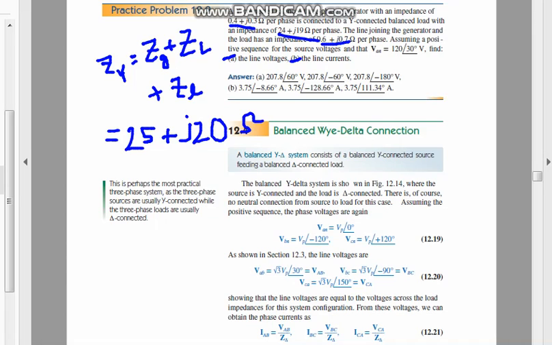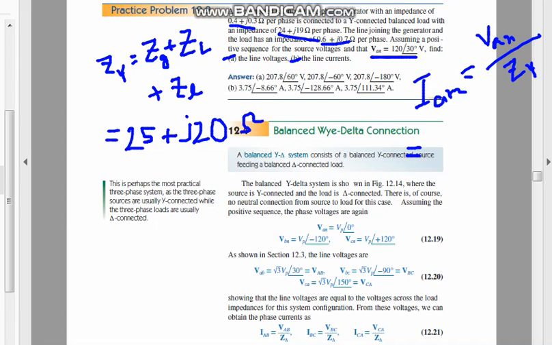Now here you can see VAN. Finding the line current is easy. As you know, the first line current IAN can be written as VAN divided by the Z in Y connection. VAN is 120 at an angle of 30 degrees.